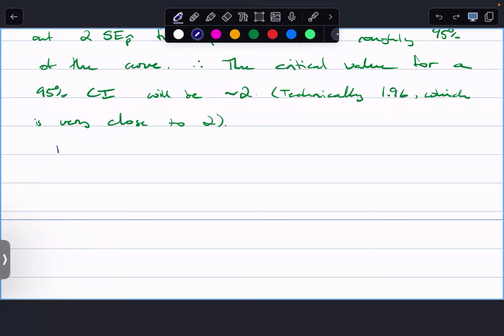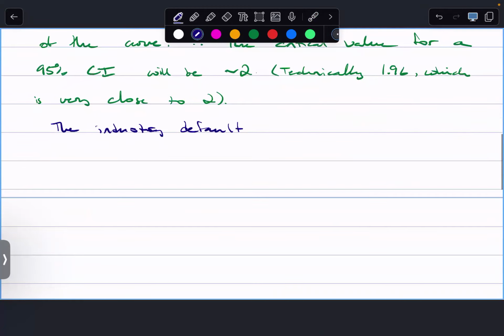Maybe I'll say the industry default confidence level is 95%. Well, I should clean it all up, but that one especially.